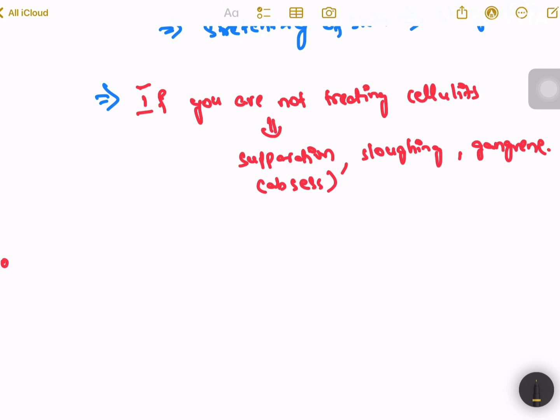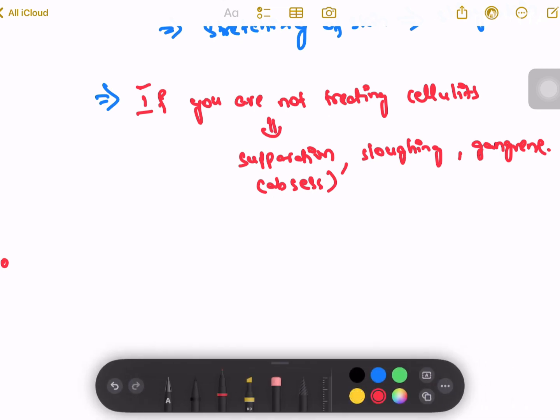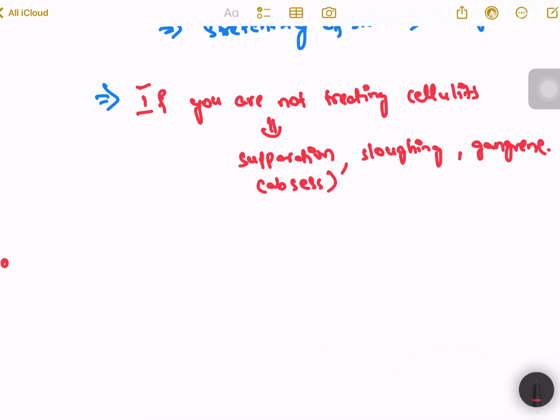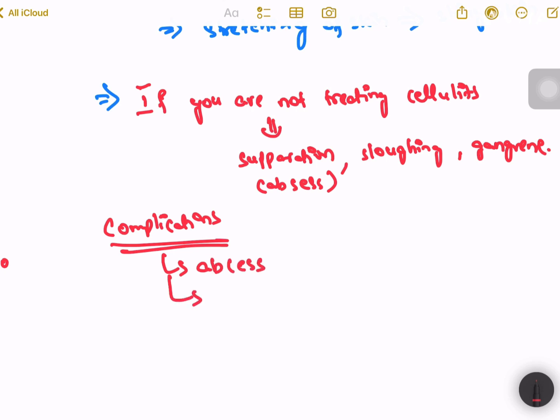Okay. Next, coming to the complications. Complications are abscess formation. We already discussed, due to suppuration. So what we have to do? Drain the abscess.